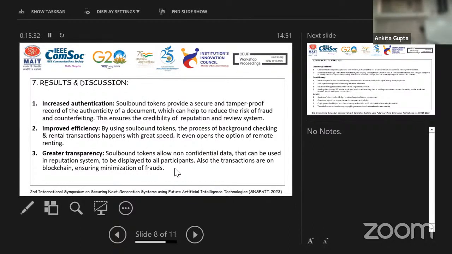Paper number 91. Yes, sir, we are here. Sharing it all. Aditya, are you presenting?